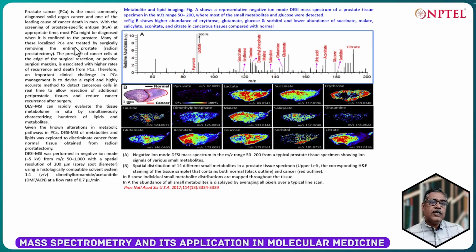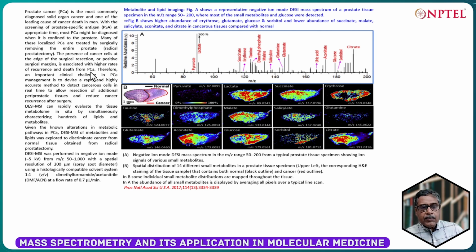Many of these localized prostate cancers are treated by surgically removing the entire prostate, which is called prostatectomy. The presence of cancer cells at the edge of surgical resection, called a positive surgical margin, is associated with a higher rate of recurrence and death from prostate cancer. This is very important.